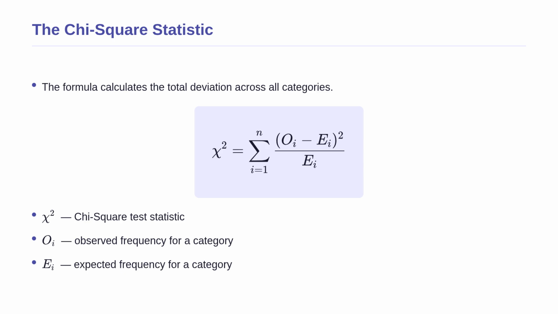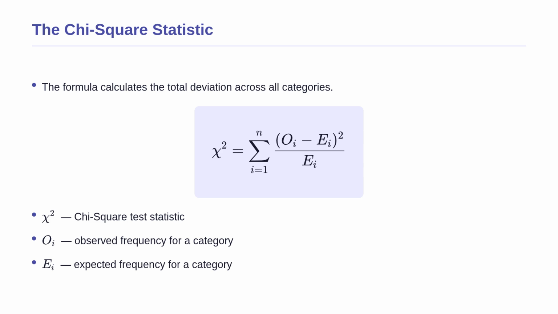This brings us to the mathematical heart of the test. The formula you see here calculates the chi-square test statistic, represented by the Greek letter chi squared. Let us break down every piece. The sigma symbol tells us to take a sum across all our categories. For each category, O sub i is the observed frequency, the actual count you saw in your experiment.